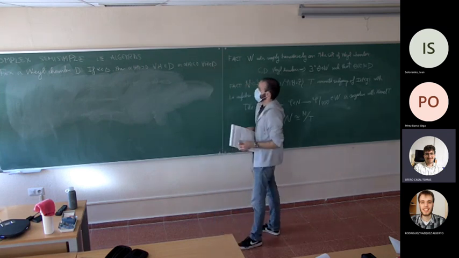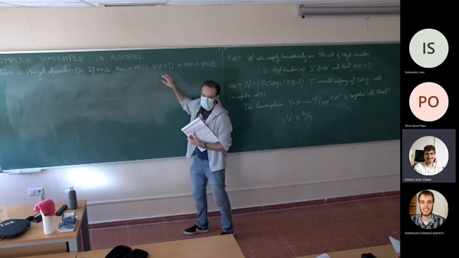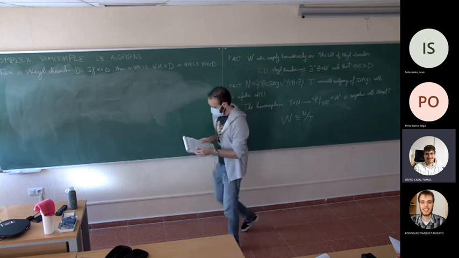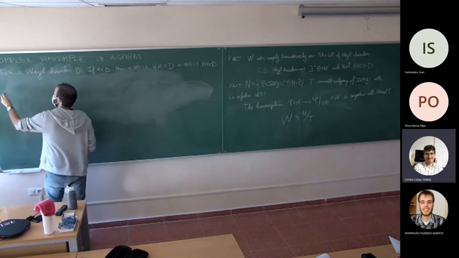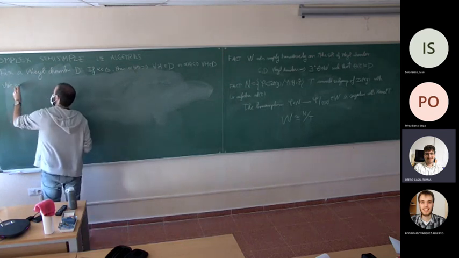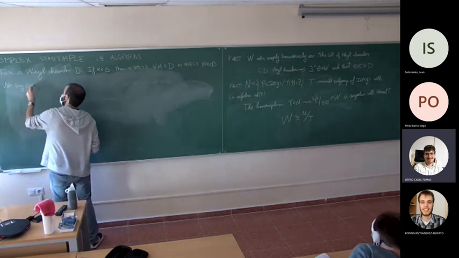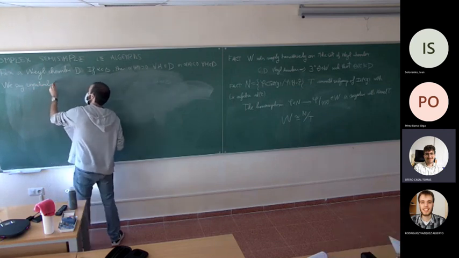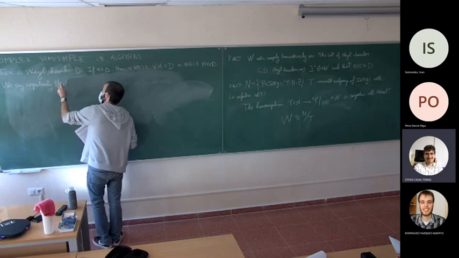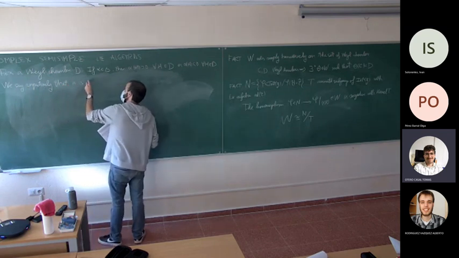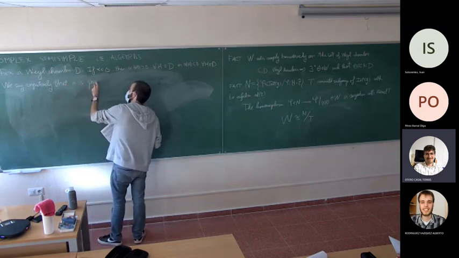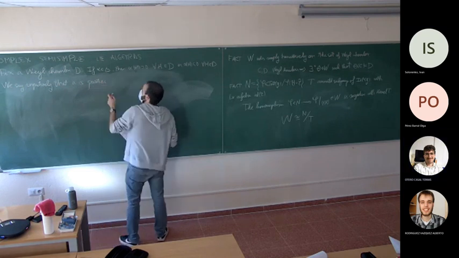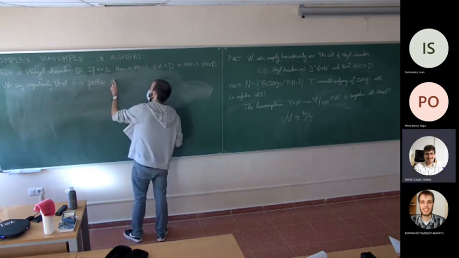So we're going to say precisely that alpha is positive if this is the case, and negative if this is the case. We say, respectively, that alpha is positive or negative.